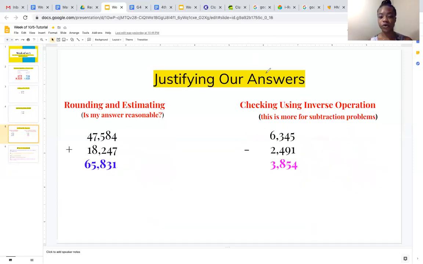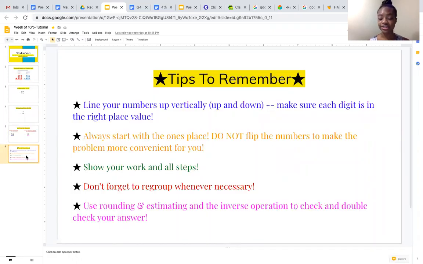So just before we disconnect, here are some tools or reminders that you can go over with your kid so that they are successful when it comes to adding and subtracting using the standard algorithm. Make sure that your numbers are lined up vertically, meaning up and down, and that each digit takes up one space.